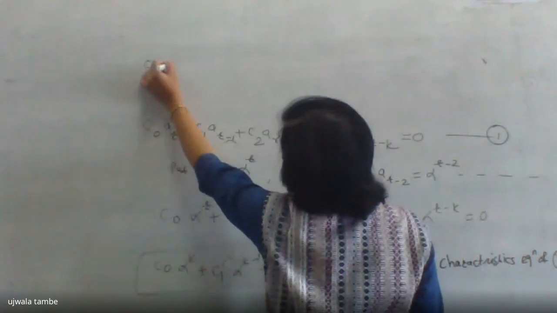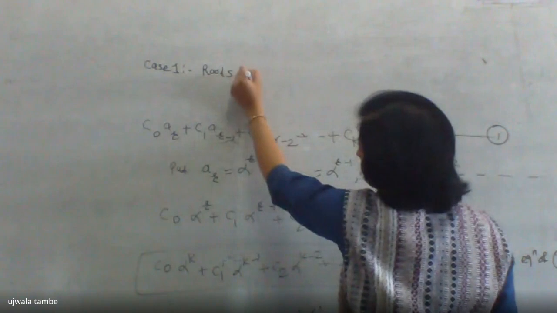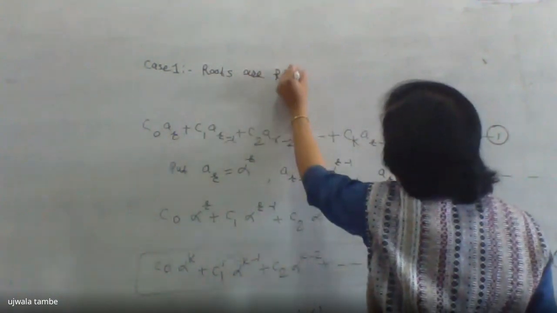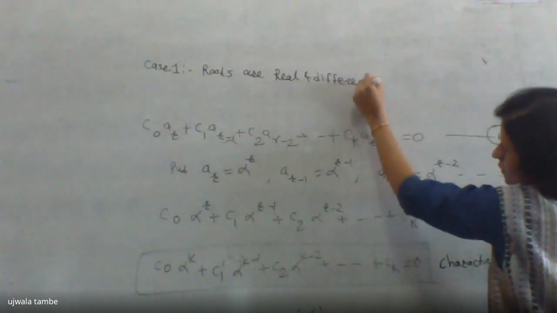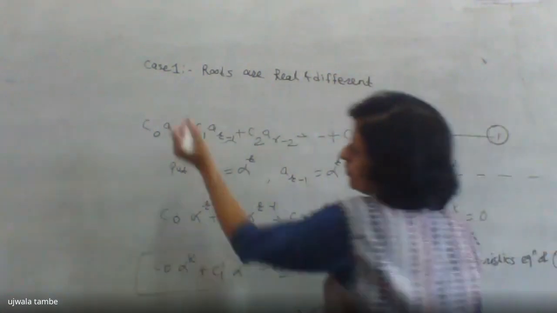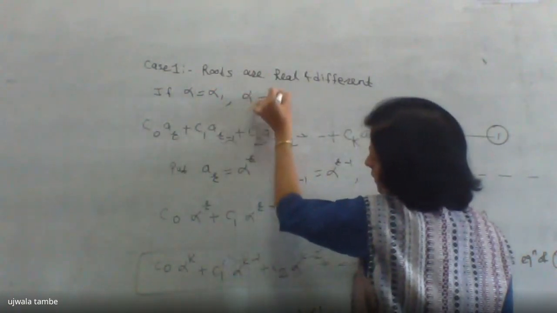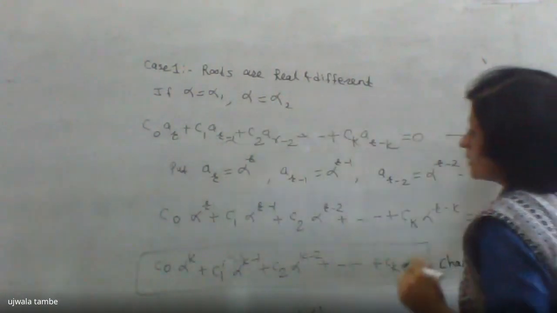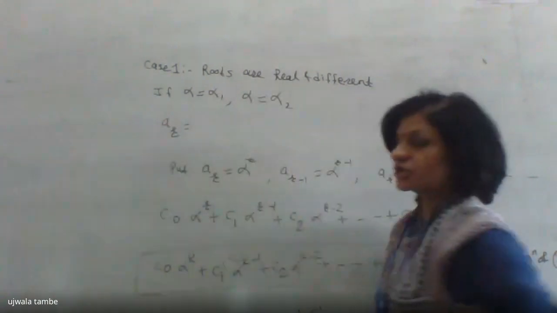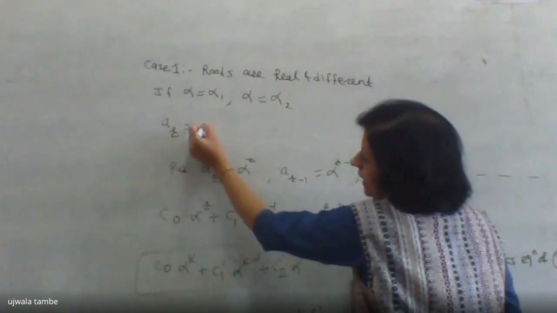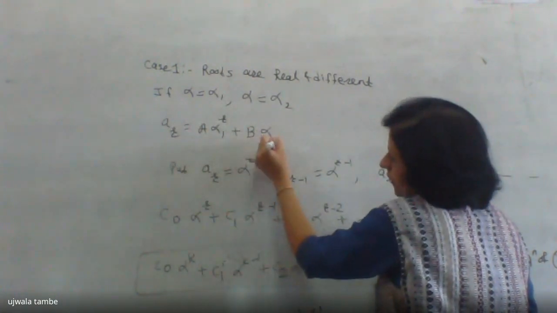Case 1 is if the roots are real and distinct, or real and different. Roots are real and different means if alpha is equal to alpha 1 and alpha is equal to alpha 2, then its solution of the recurrence relation is a_r is equal to A alpha 1 raised to r plus B into alpha 2 raised to r.